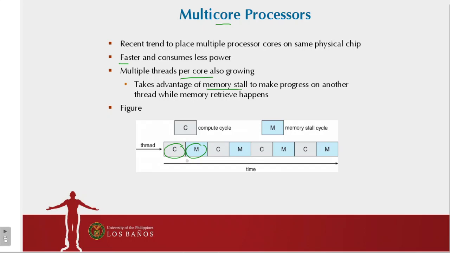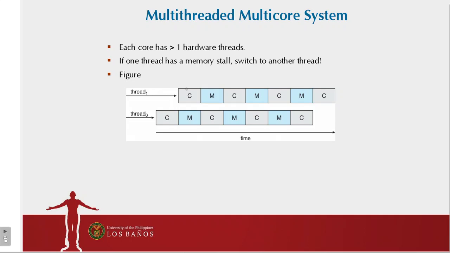Now this memory access cycle will actually make the CPU or the core idle. It's doing nothing. It's waiting for the memory load or store to complete. Right? So this is a wastage. So it's better to have hardware threads.